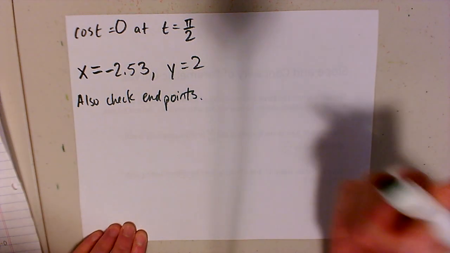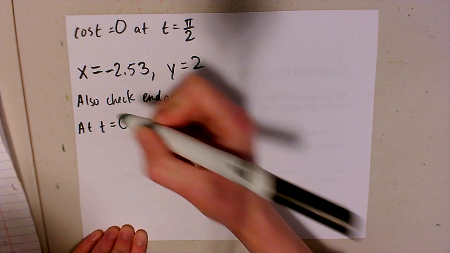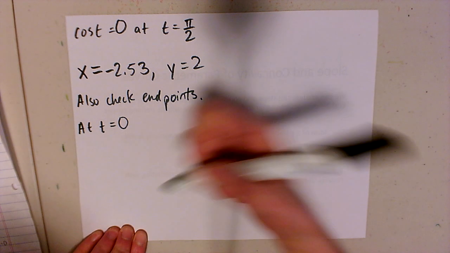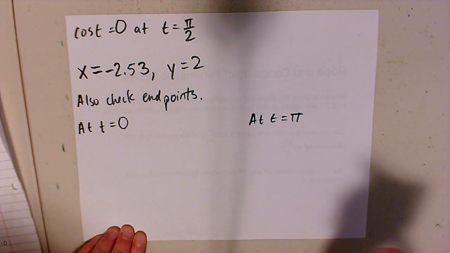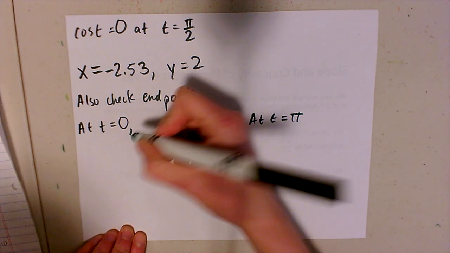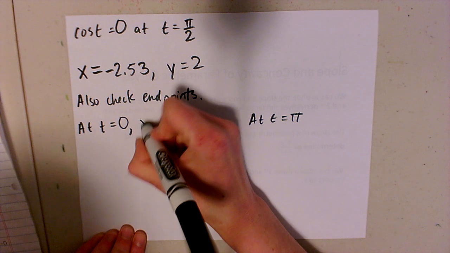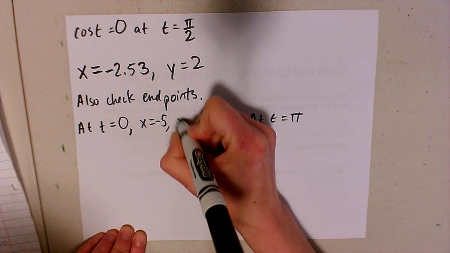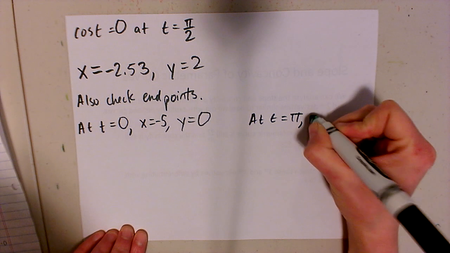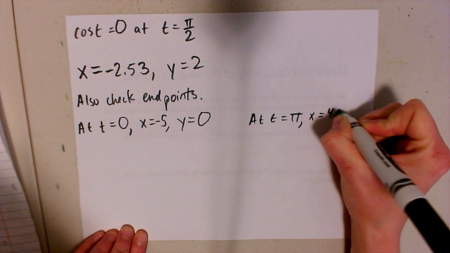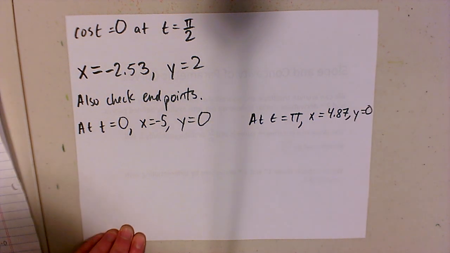For our endpoints, we check at t equals 0, and t equals pi. At t equals 0, pulling from the chart we made a minute ago, x is negative 5 and y is 0, and at t equals pi, x is 4.87 and y is 0.